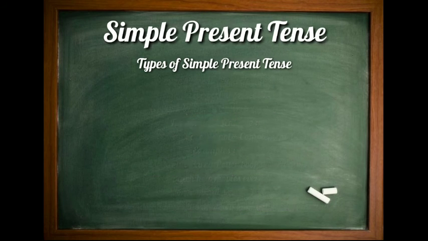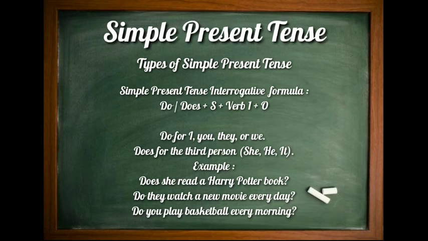Then, the last type of simple present tense is the simple present tense interrogative, which is used to ask something. To form interrogative or question sentences, usually we add do or does in front of the sentence for verbal sentences.